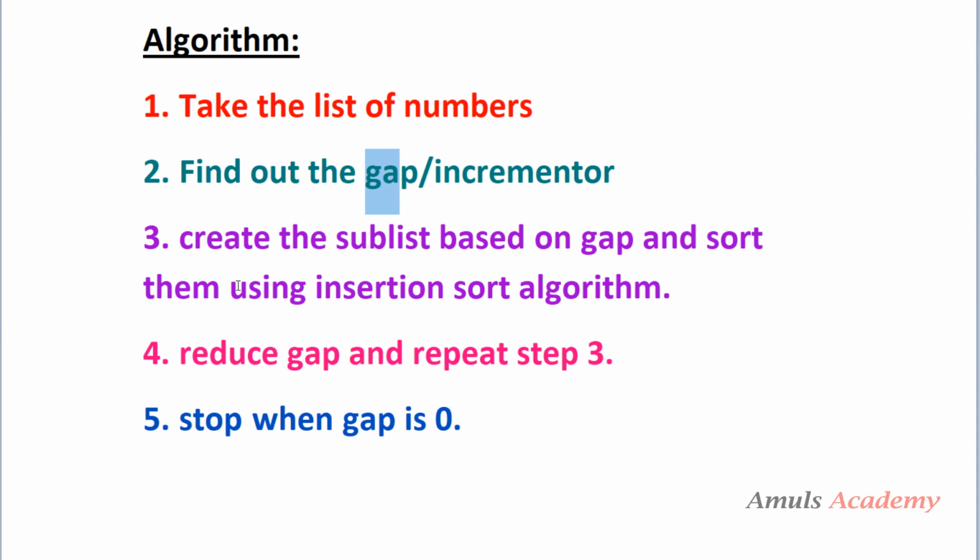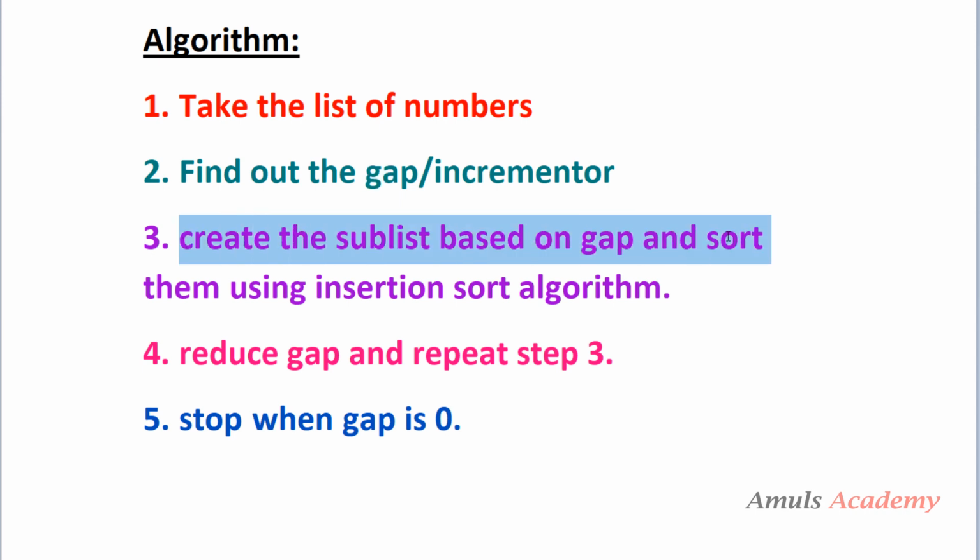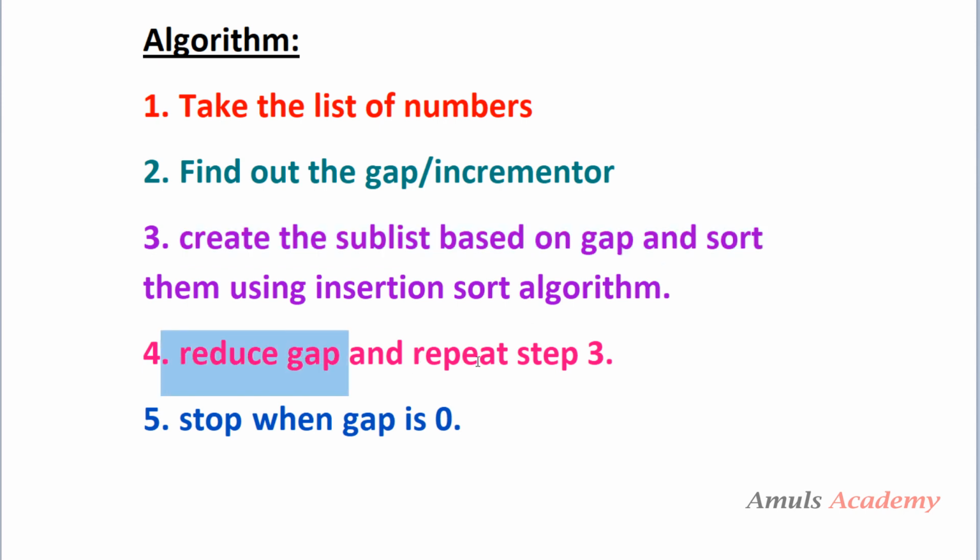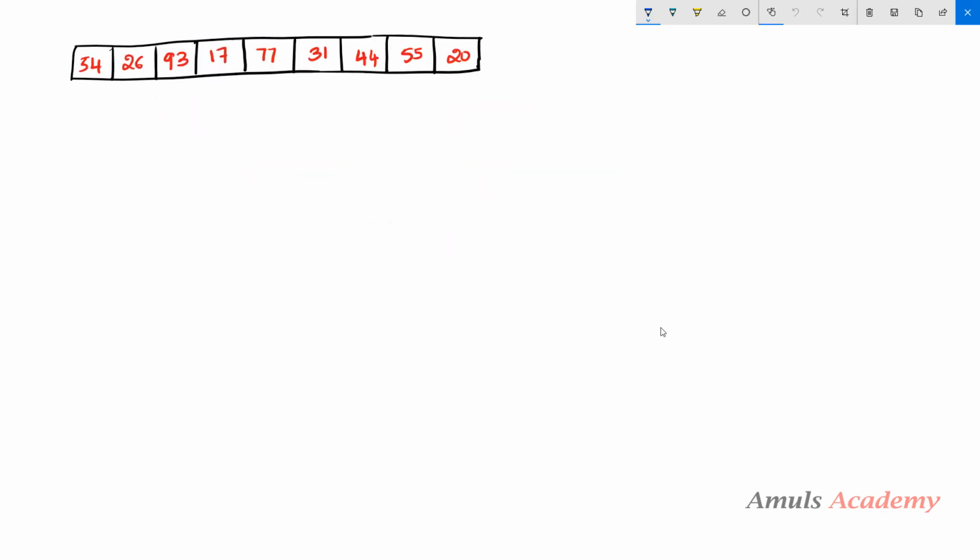Next, create the sublists based on that gap and sort them using the insertion sort algorithm. Next, we need to reduce the gap and repeat step 3. We need to stop when the gap becomes 0. So we'll take an example, then you'll get the clear picture.